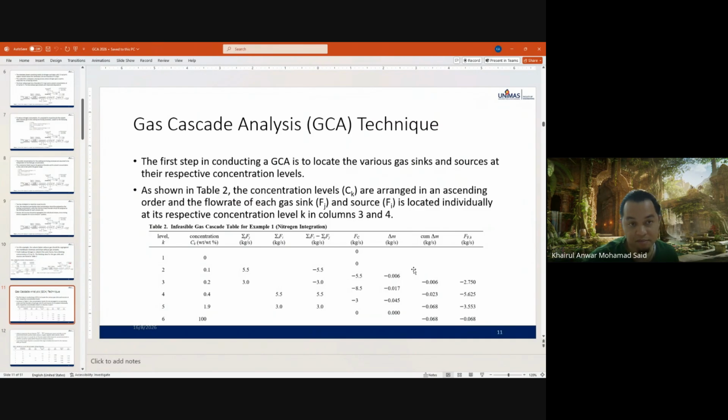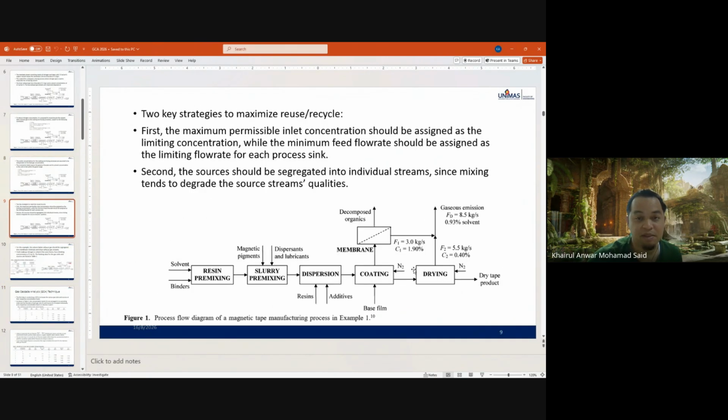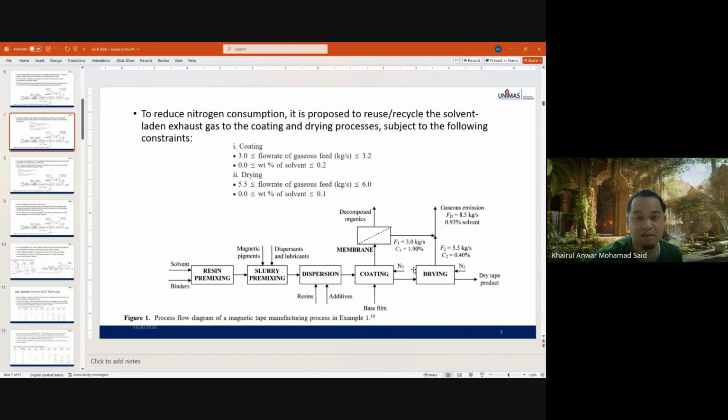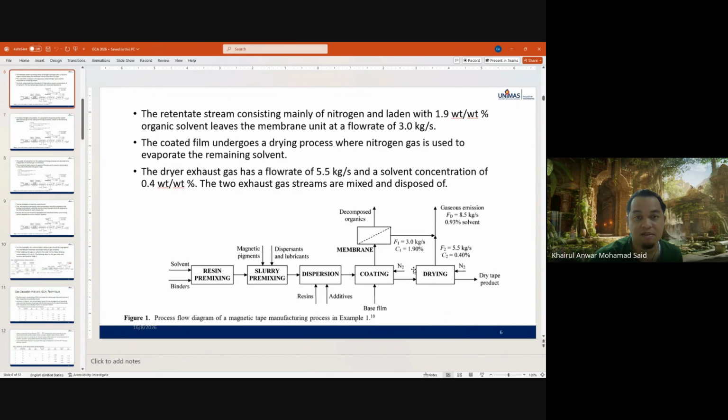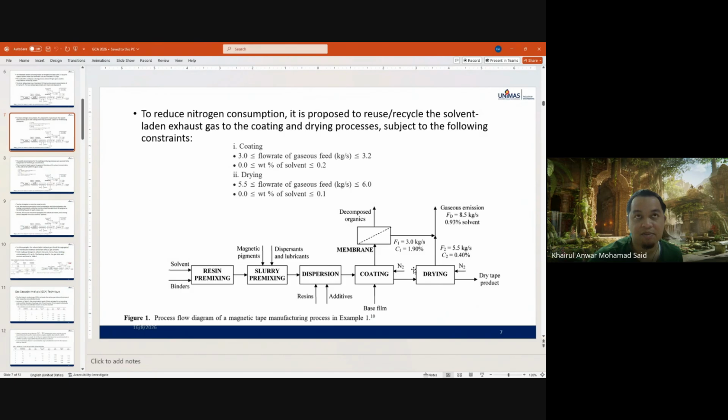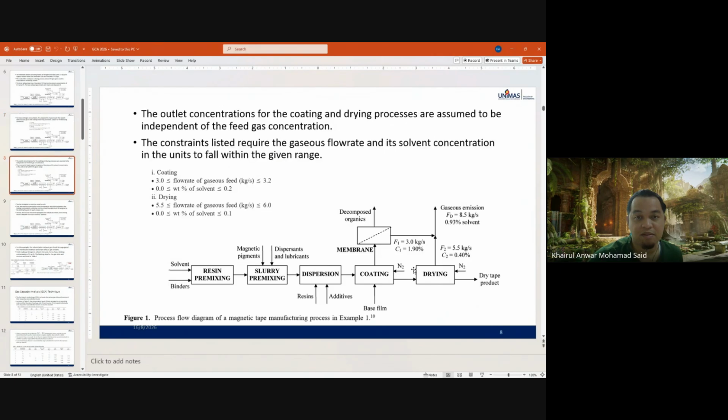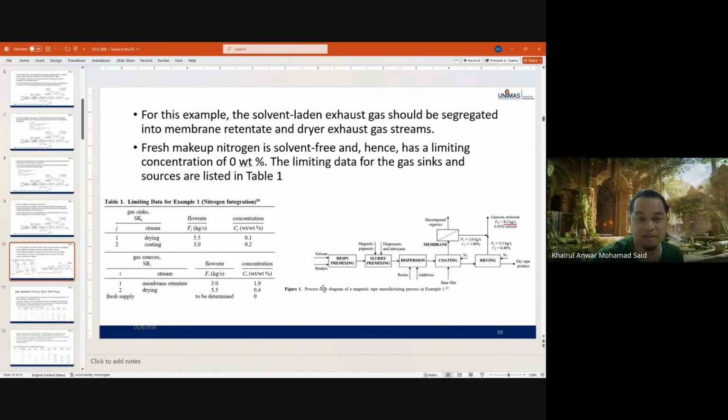But before one can construct this table, the first thing you need to know, similar to WCA, is you need to create this limiting data. So identify the sink and the source.